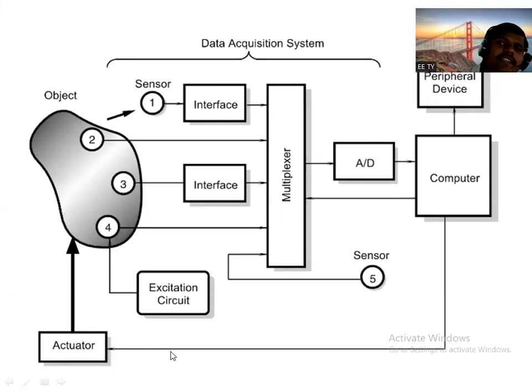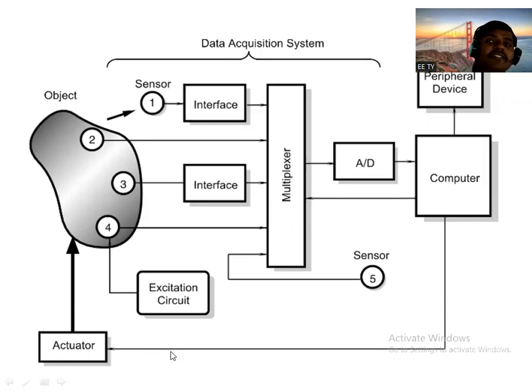All sensors are connected to the multiplexer, no? 2, 3 and 4 are in the object or on the object. It is inserted on the object, which means it is in contact with the object. Similarly, sensor 1 is in non-contact with that object.